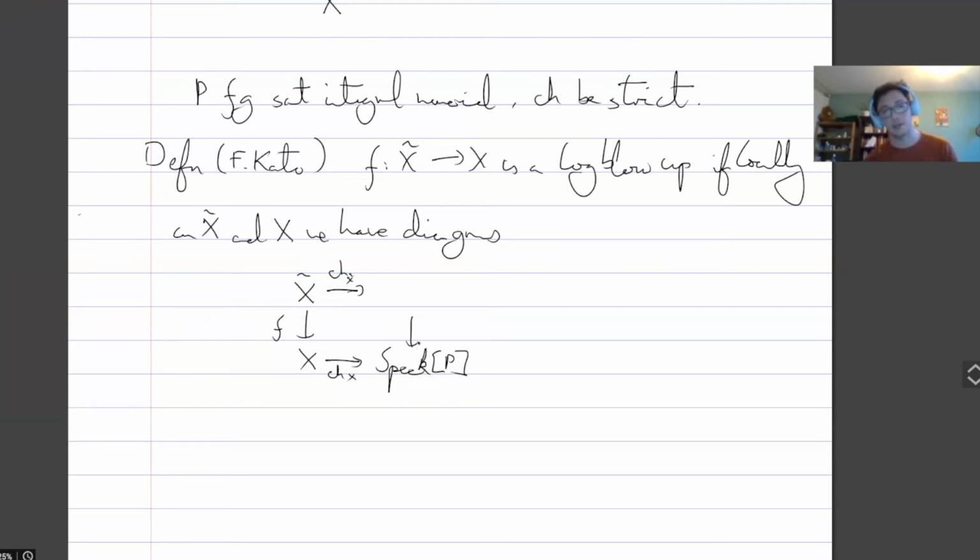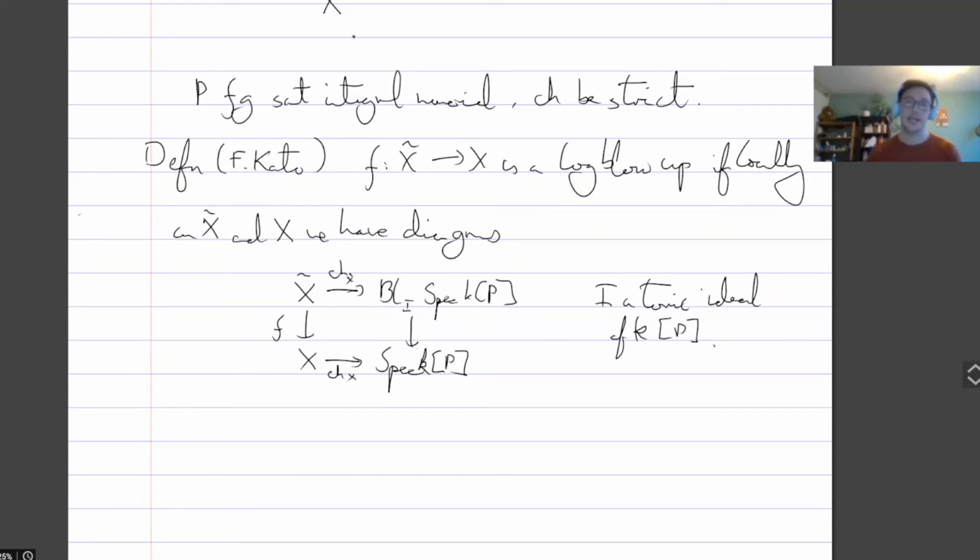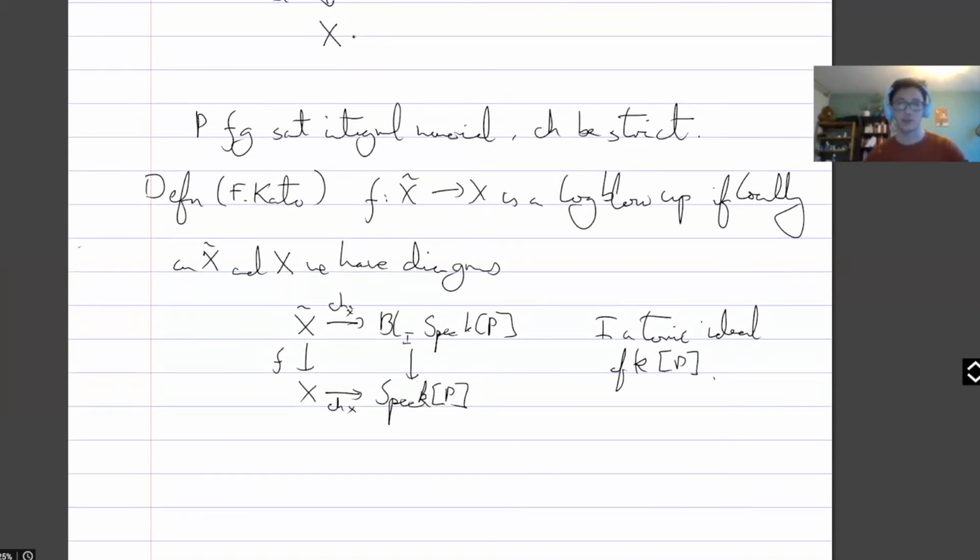Now I can take this and I can blow up a toric ideal inside P. So this is the blow up at I of Spec K adjoint P, where I is a toric ideal. In particular, this thing is already a toric variety, so it has a canonical log structure.